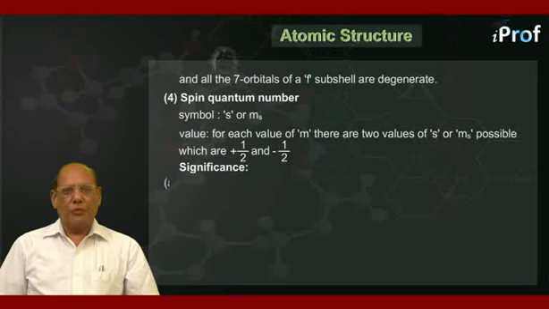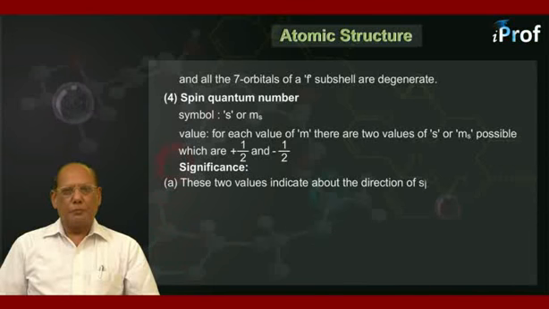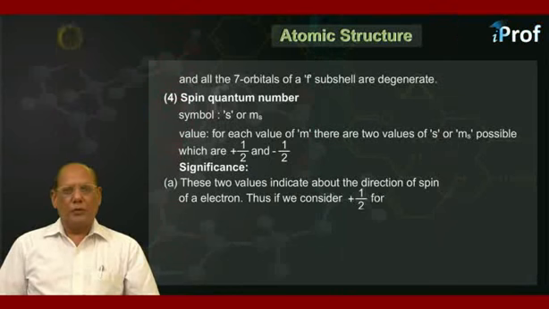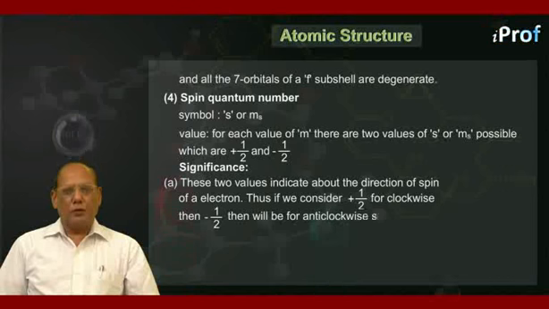Significance: a. These two values indicate the direction of spin of an electron. Thus, if we consider +1/2 for clockwise, then -1/2 will be for anti-clockwise spin of an electron.